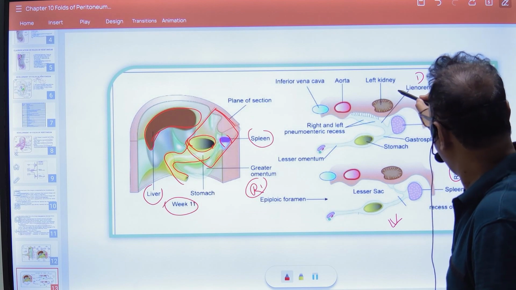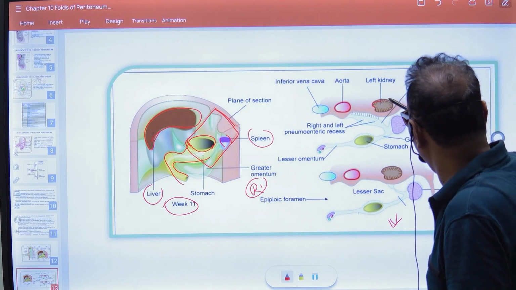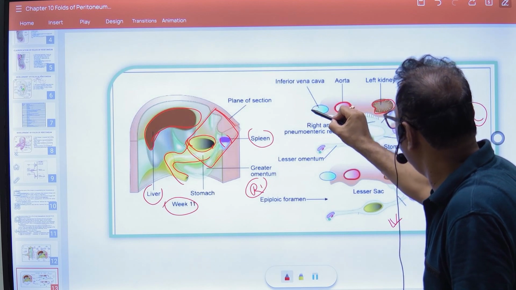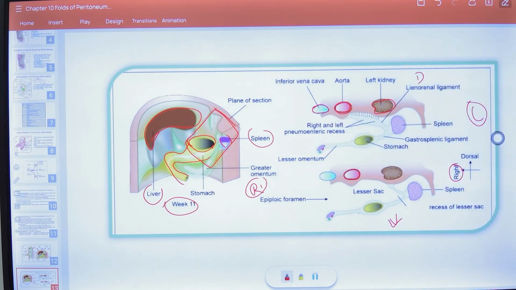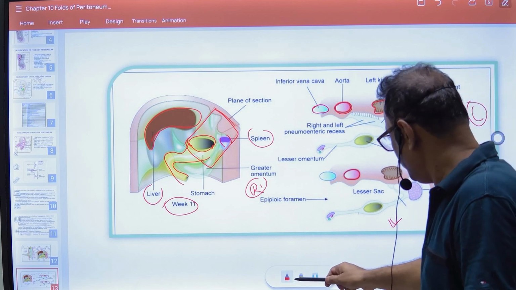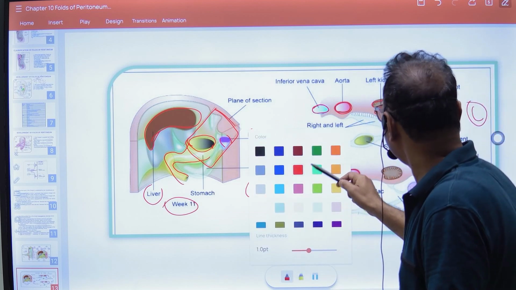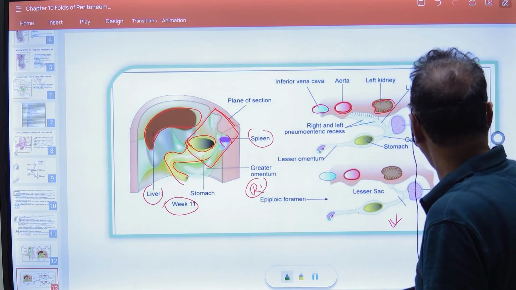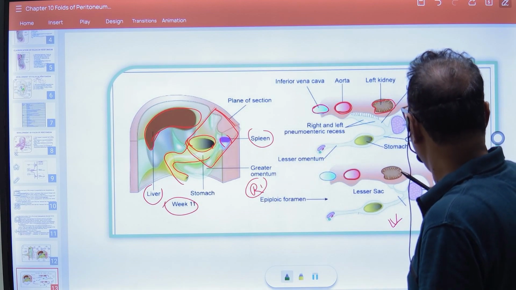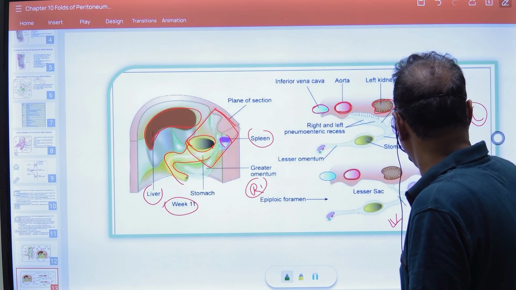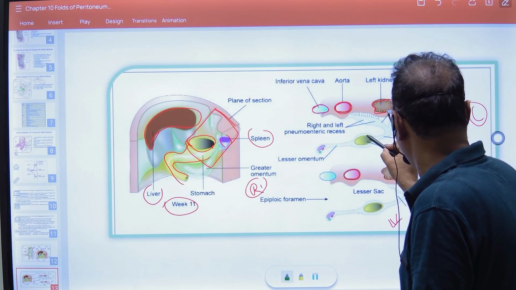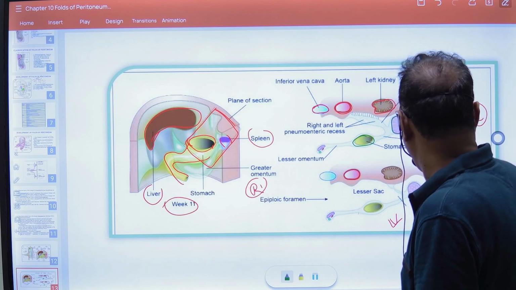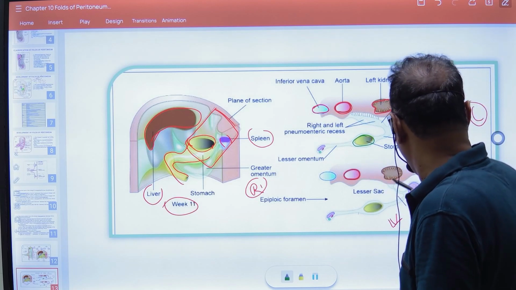Dorsal region, you could identify that because we have got the kidney over here, we have got the aorta over here, and we have got the inferior vena cava over here. So these are all the dorsal part. Next, we could identify the spleen over here, and we have got the stomach over here.